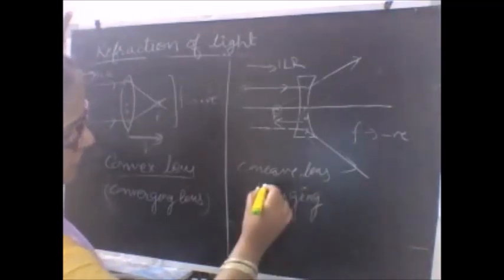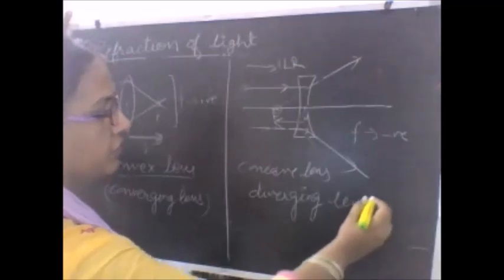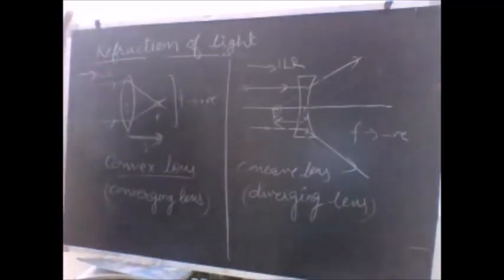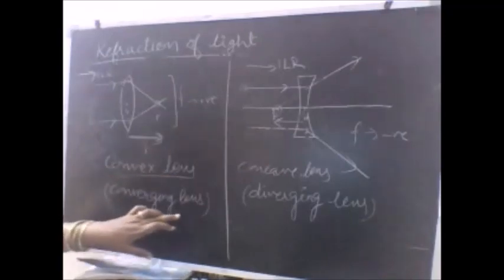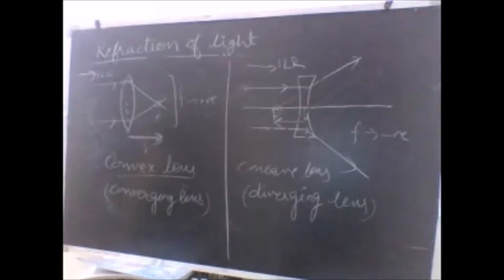Now you can easily identify which of the mirror is converging and which of the mirror is diverging. Concave mirror is called converging mirror, and the convex mirror is known as diverging mirror. Whereas when we study the case of the lens, here the convex lens is converging lens and concave lens is diverging lens. That is all about the sign convention.